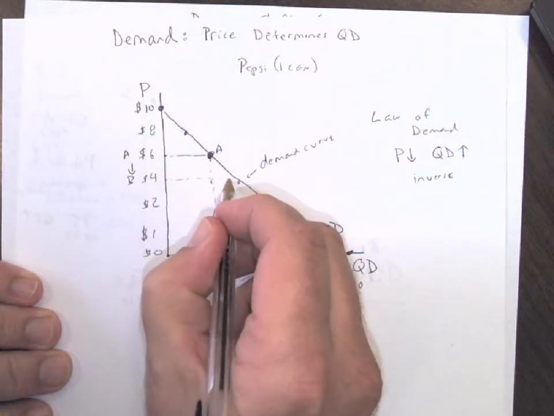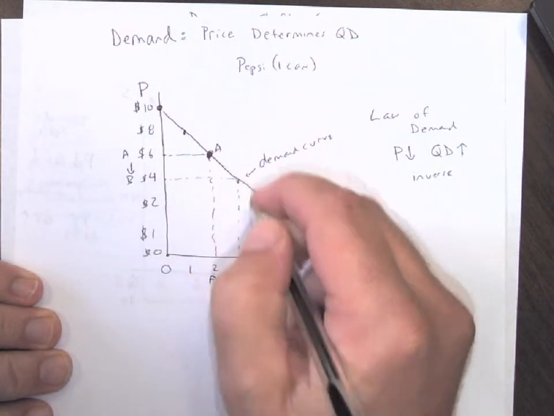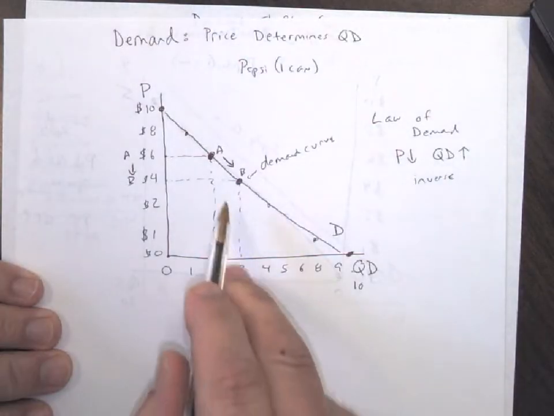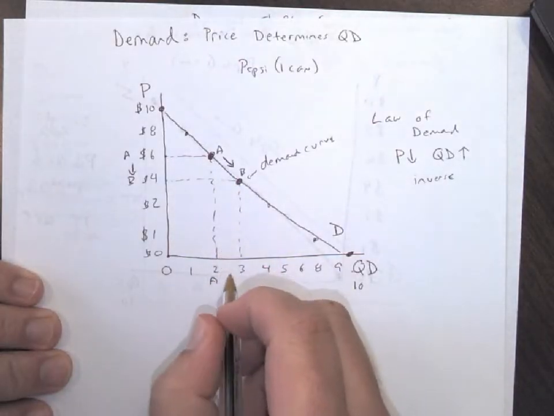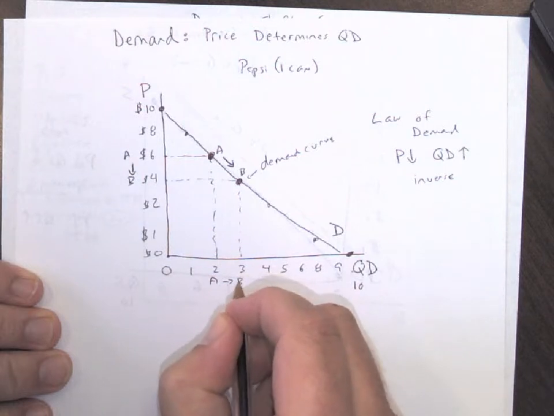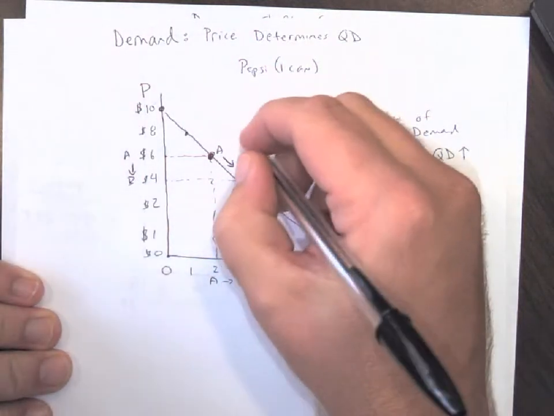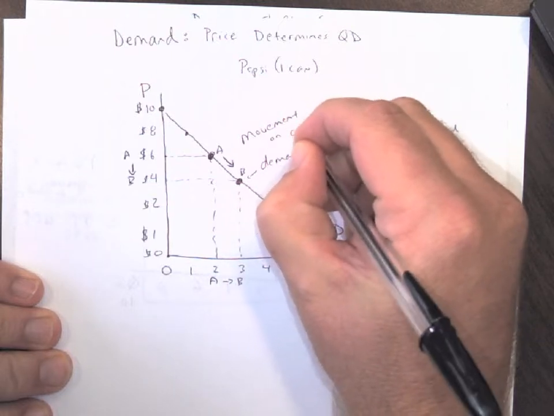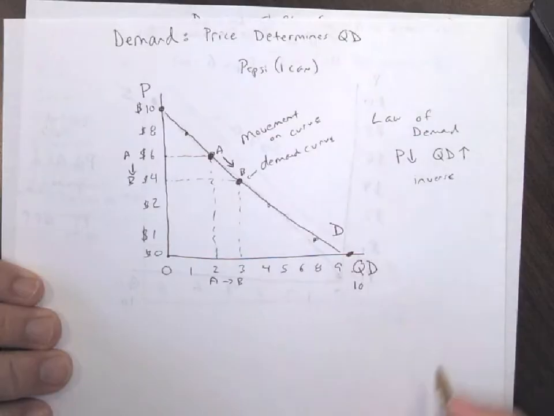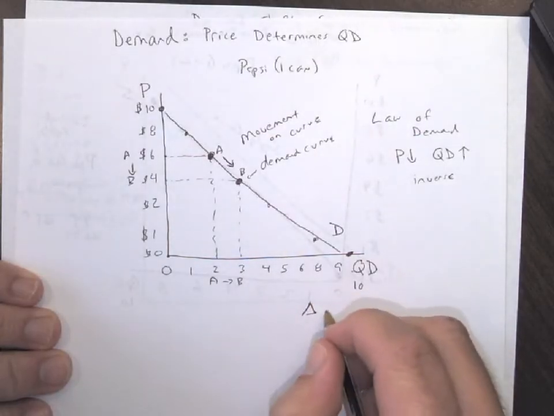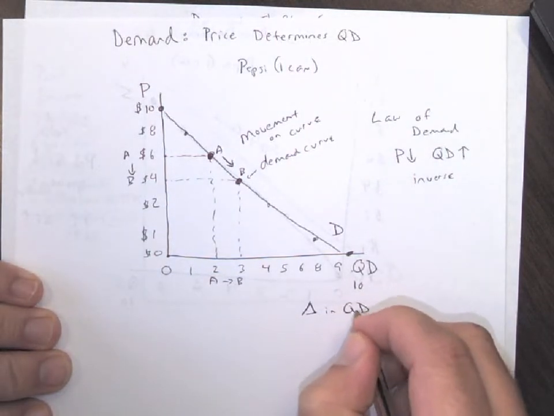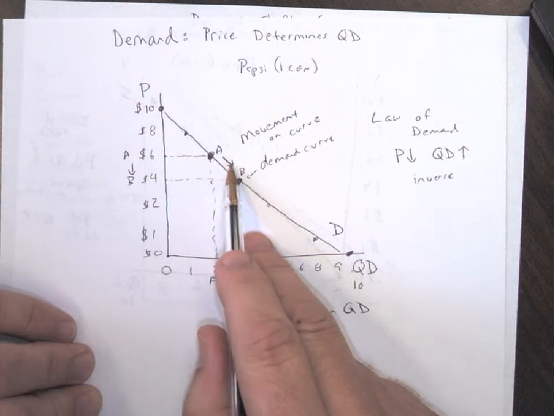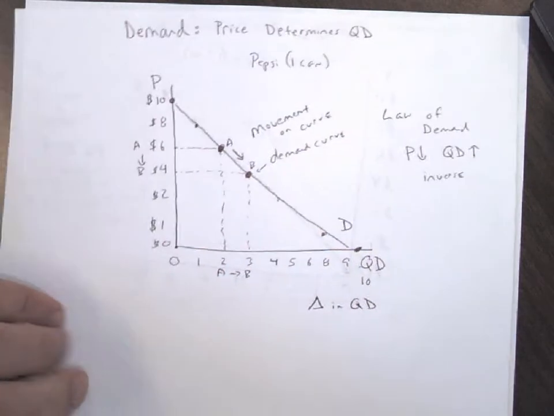So I go over and down, and now I have point B, and I have a movement along the curve. I went from point A to point B. So this right here is what we call a movement on the curve. We had a change in quantity demanded. So this is what we call a movement. Just like the PPC, anytime you stay on the curve, it's called a movement.